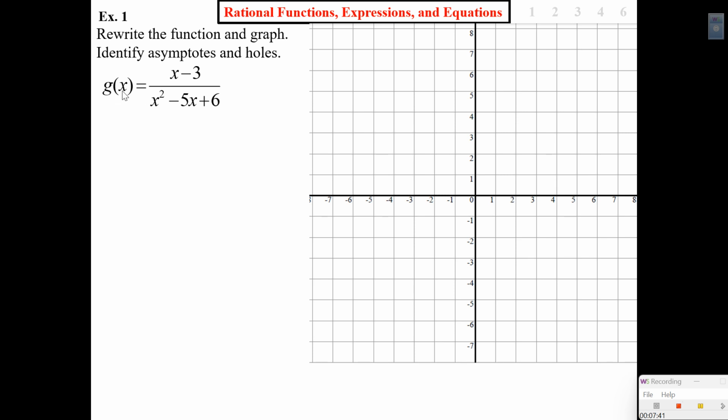Function given: g of x equals x minus 3 over x squared minus 5x plus 6. All right, I'm going to write the steps over here on the side.